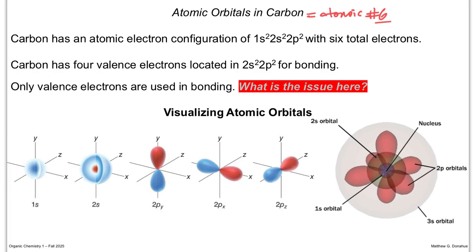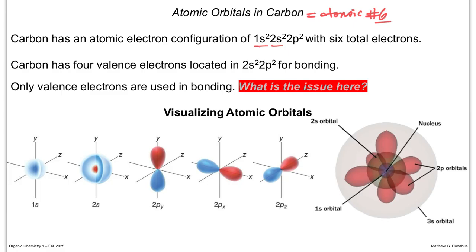Filling the atomic orbitals, we go to period 1 first, the 1s, so there are 2 electrons, and they end up spin paired. Now we get into period 2. The next orbital is the 2s orbital. We spin pair those. Then we have the 2 remaining electrons, and this says 2p2.